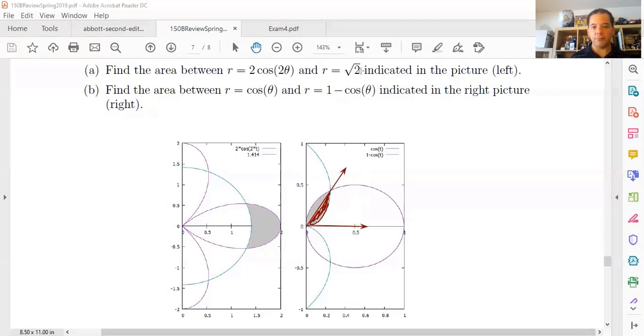And then to do the other part, to figure out the other area, this one, just a second. So for the second one, we want to do it from here, from pi over 6 to pi over 2.